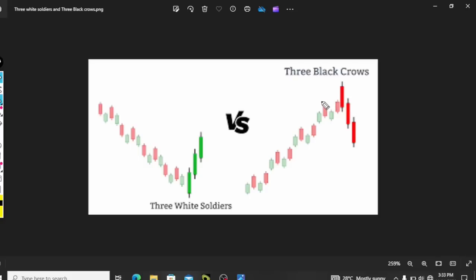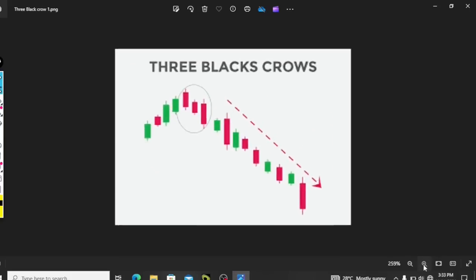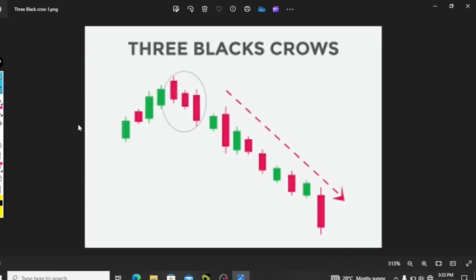So now we are going to look at more examples of 3 black crows, so that you will be able to know it and then master it. Take note of this chart very well. You will discover there are 3 red candles sandwiched at the top there. This place is actually in the form of a resistance area.